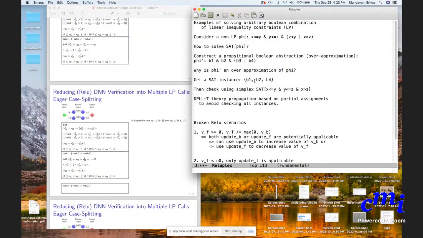So B1 and B2 implies not B4 in this case, which you can get by querying in a clever way an LP.